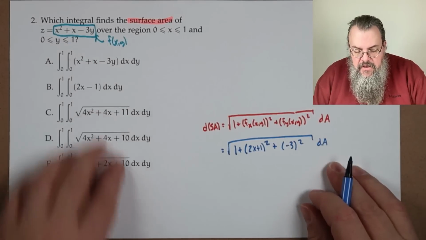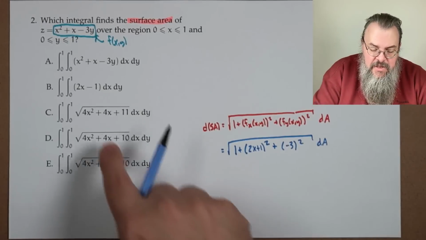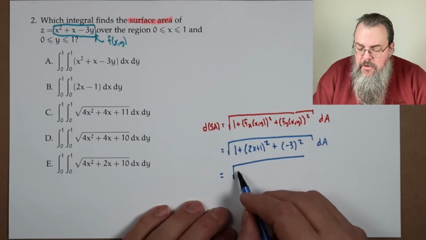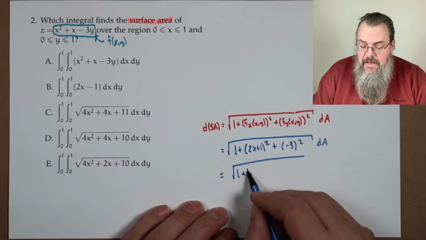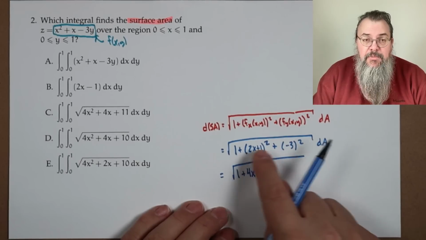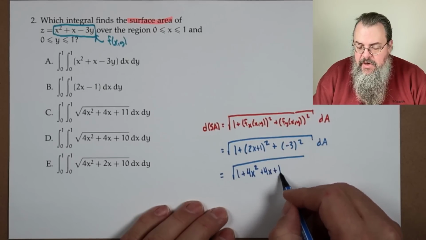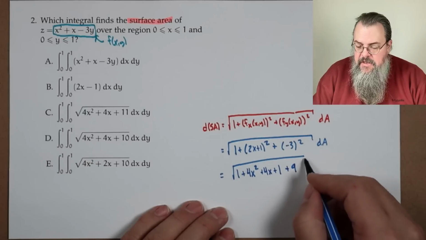Now, that's none of these options, but we can expand it on the inside, because that looks like what they did. So what do we have? We have square root of 1 plus the quantity 2x plus 1 squared. Well, that's a squared, so that's 4x squared, 2ab, 4x, and b squared, and then negative 3 squared would be 9.